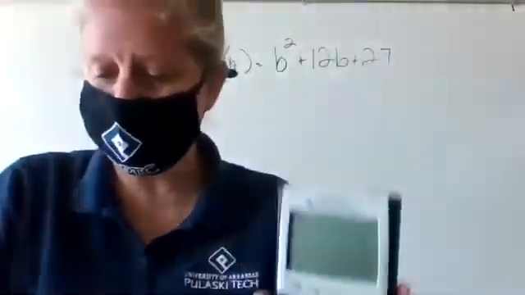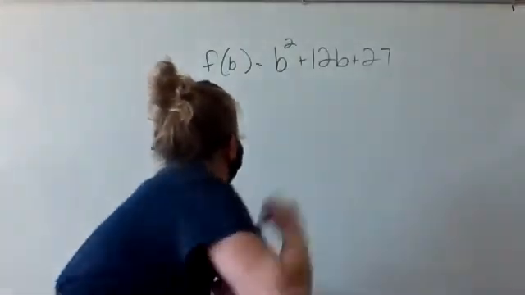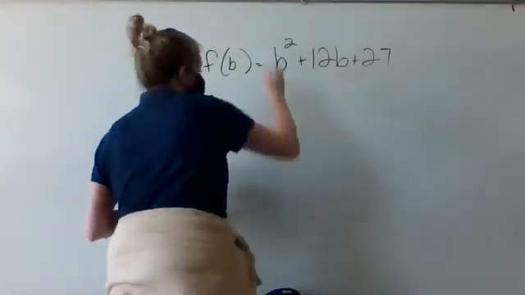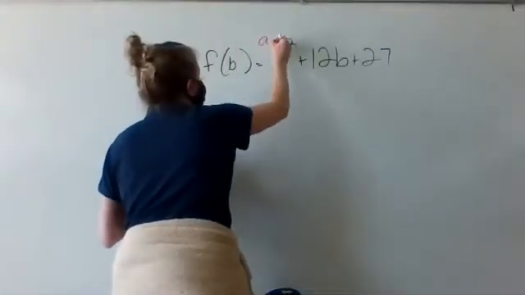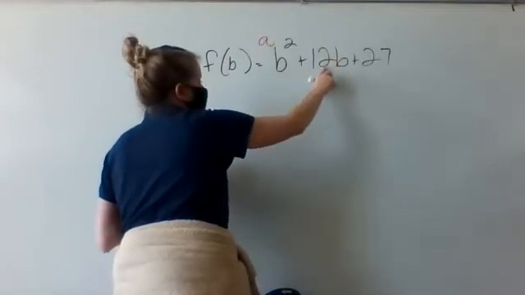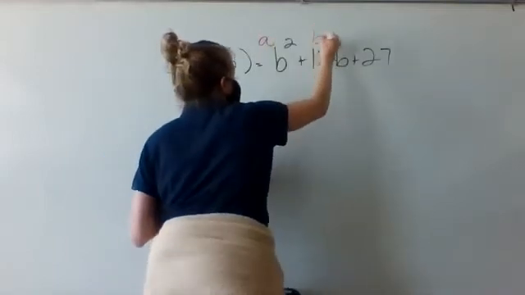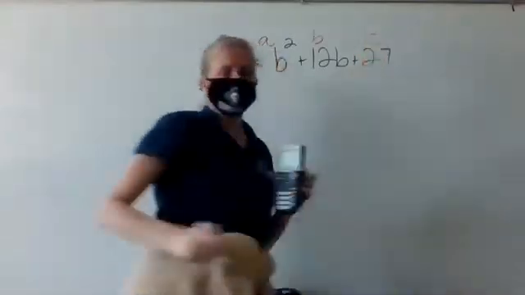Your A, B, and C. Remember what those are. Your A is the number in front of b squared. Your B is the number in front of the b. And your C is your constant. So that's what you're putting in your calculator for the program.